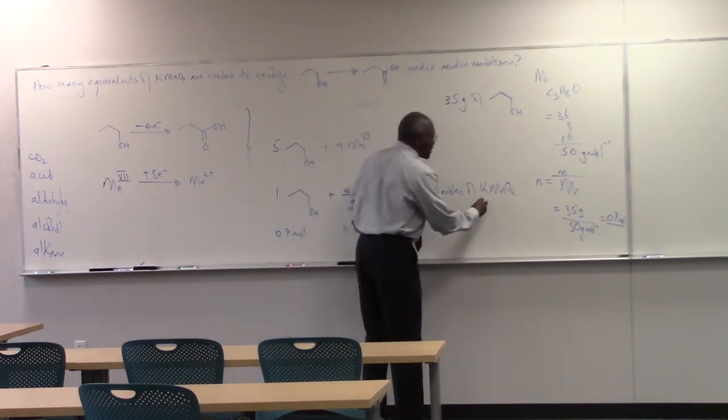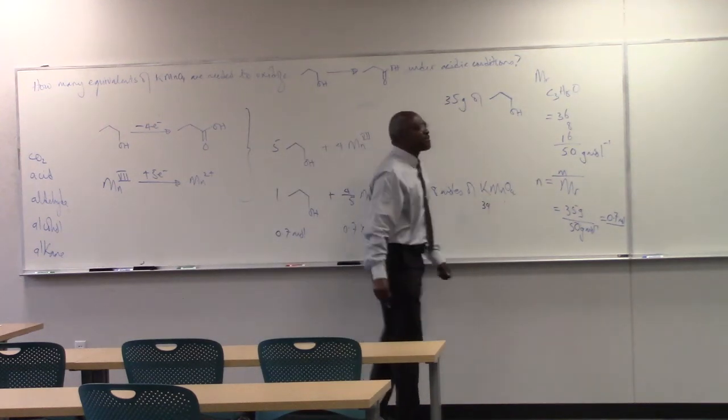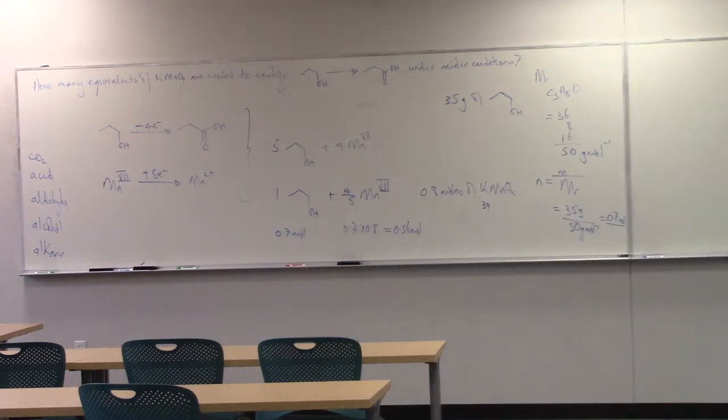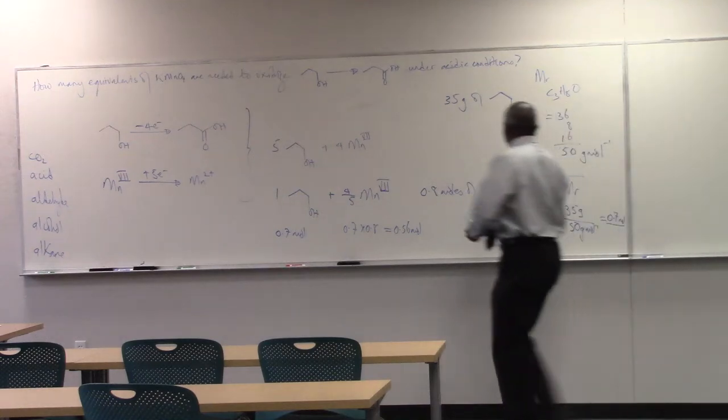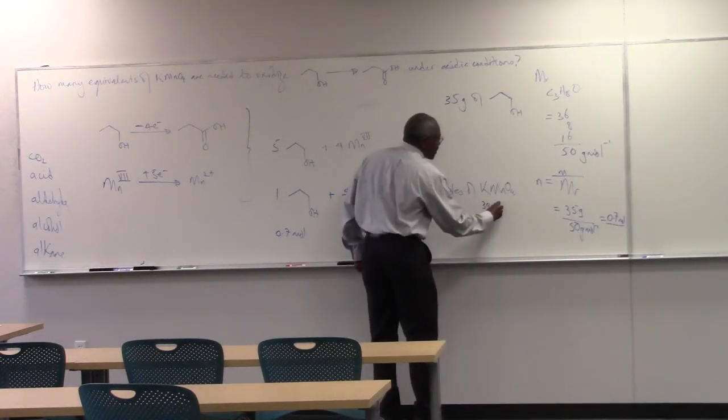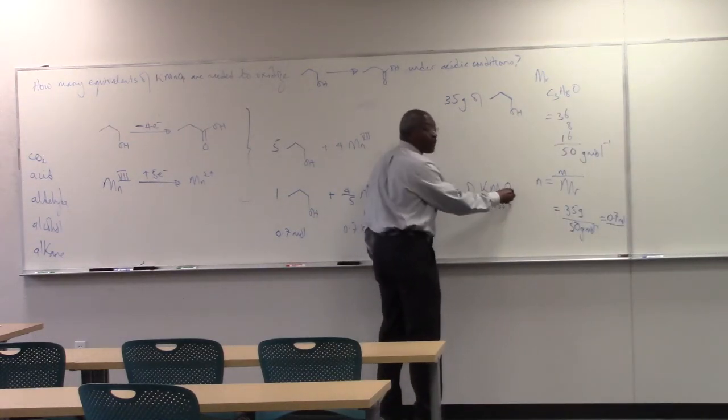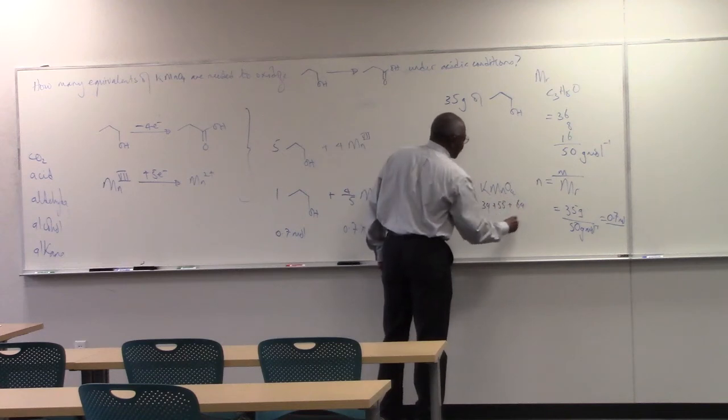Potassium is 39, manganese is 55, so it'd be 39 plus 55 plus 4 times 16 is 64.